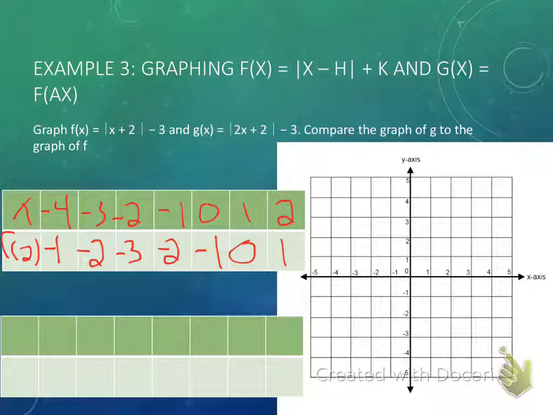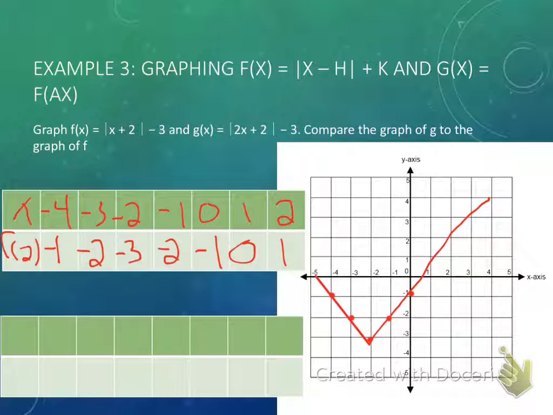And I'm going to go ahead and plot that function then. I've got -4, -1, -3, -2, -2, -3, -1, -2, 0, -1. So you can definitely see where that graph has been.